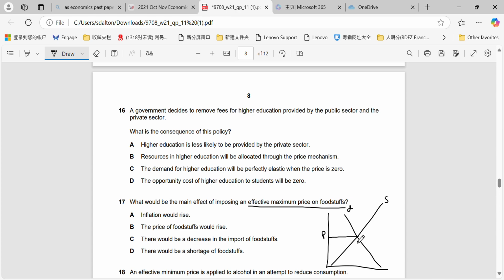So here in this market, we would have our equilibrium denoted by P and Q. And then our max price, we'll just label M, would have to be placed somewhere underneath that equilibrium to create this shortage, right? So Q1 to Q2 that we're going to denote on the diagram here would represent the shortage that's created.